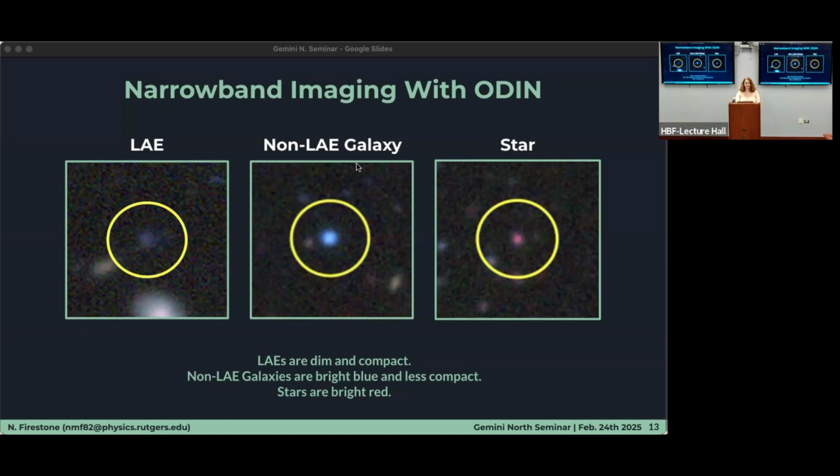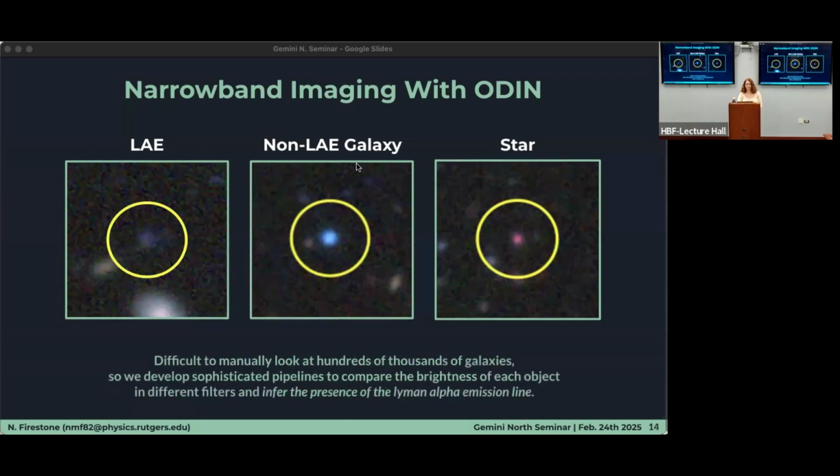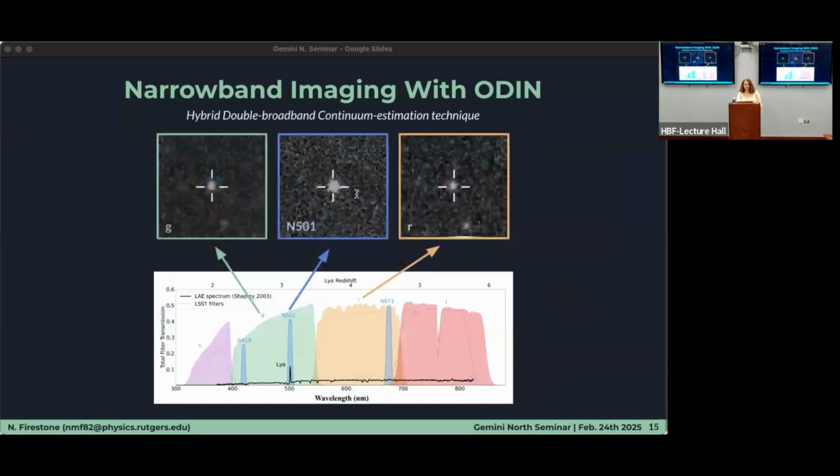It's bright red. And from looking at these objects, it might be pretty intuitive discerning one from the other, but doing this manually obviously would be incredibly tedious. So we've created some sophisticated techniques to compare the brightness of each object in our different filters to infer the presence of that Lyman alpha emission line. So the way that we actually accomplish this is by using a technique that we call the hybrid double broadband continuum estimation technique.